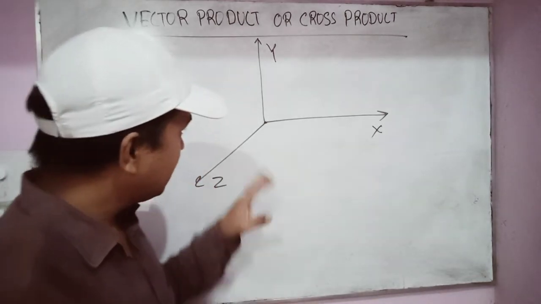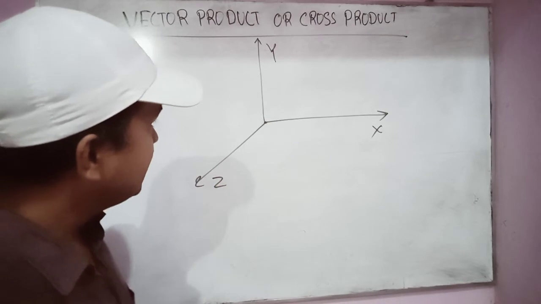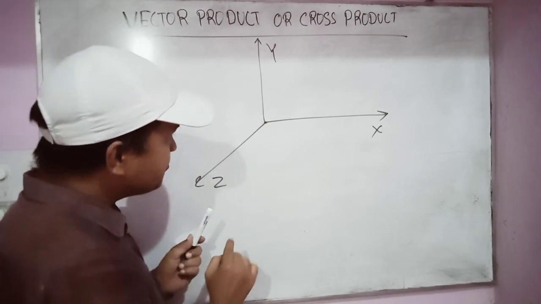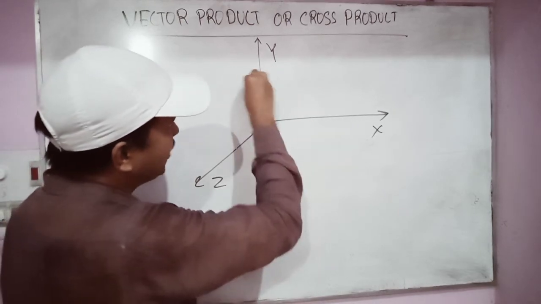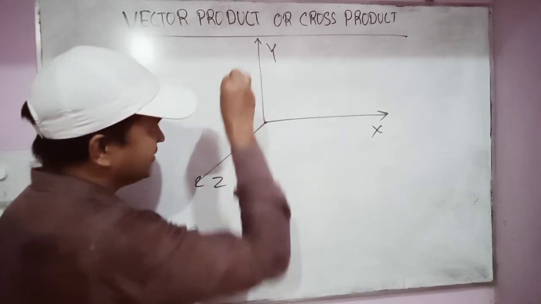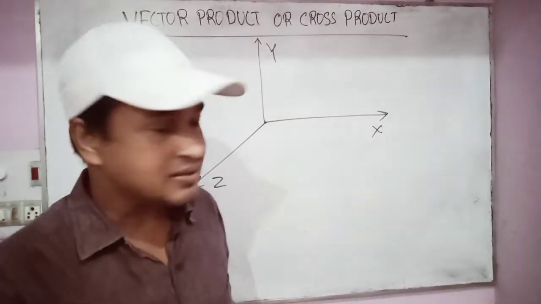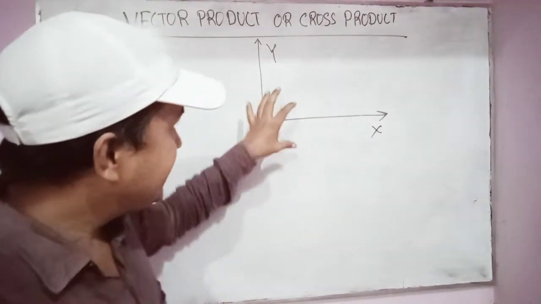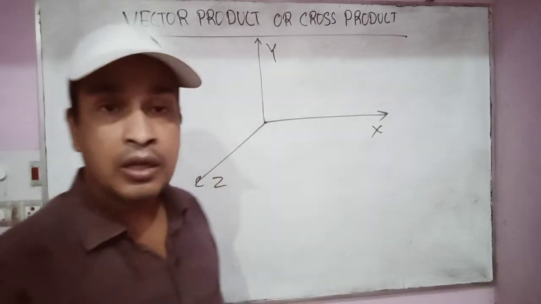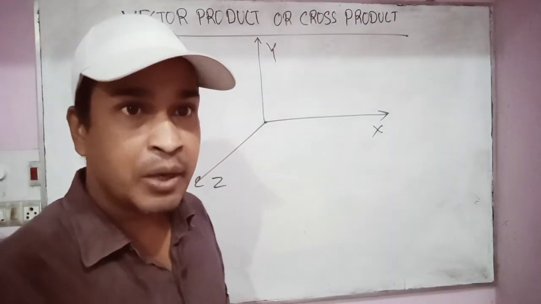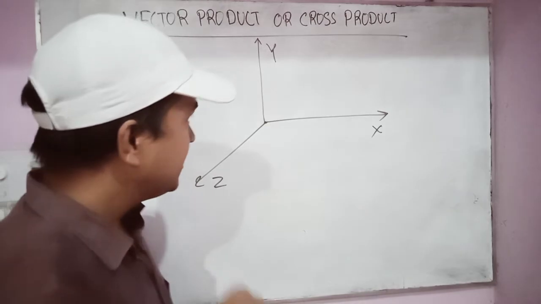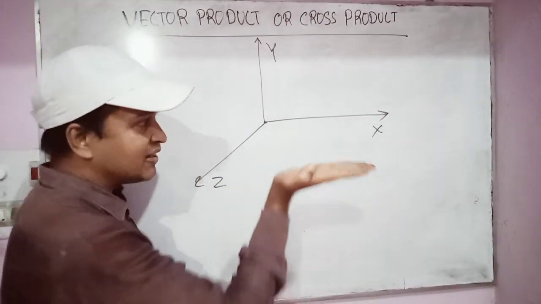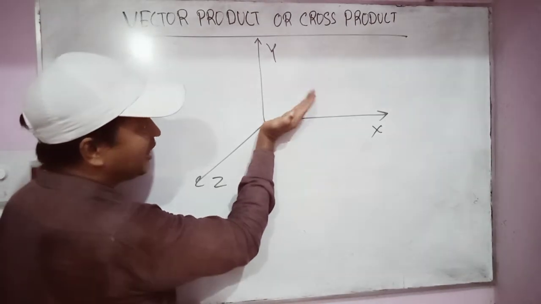One thing I will say about the z axis: it is perpendicular to the plane containing the x axis and y axis. Then here also one question arises: is it going into the board or coming out of the board? Here also we will use the right hand thumb rule to determine the direction of the z axis. See, I place my four fingers along the x axis and curl them along the y axis.